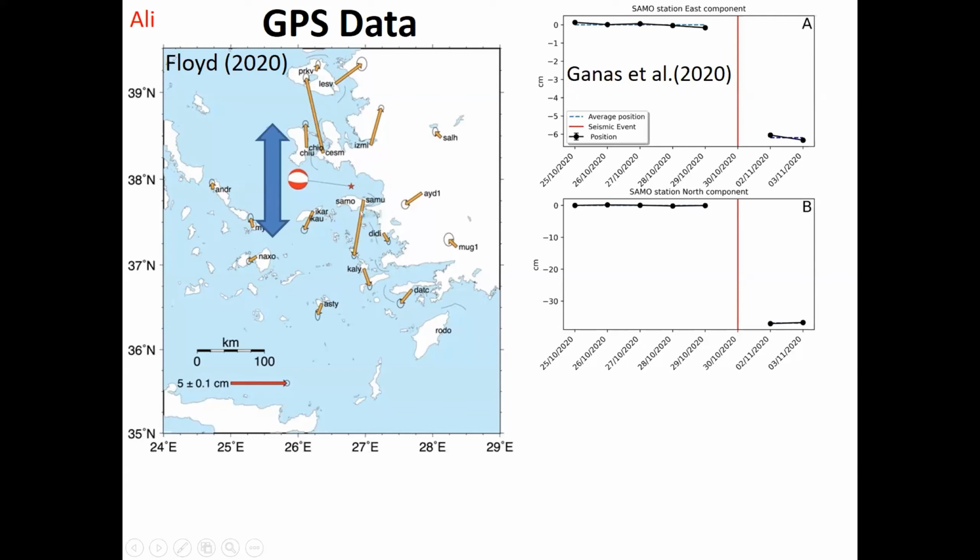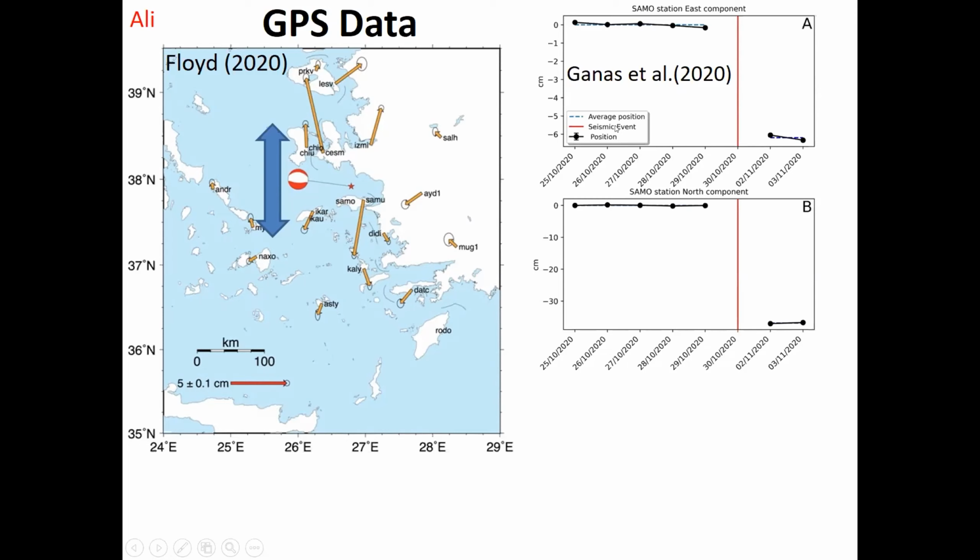The GPS data clearly indicates that Samos Island moved southward, and the Çeşme İzmir station moved northward, indicating that the fault is dipping northward and Samos Island is located on the hanging wall. And in the next slide, the largest motion was observed at Samos station.